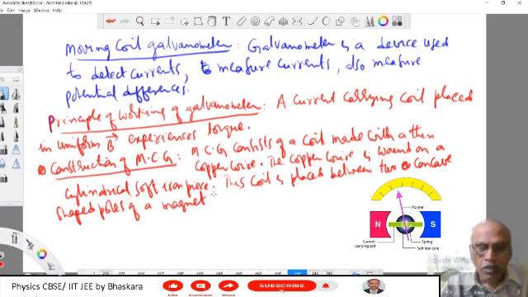The poles of this magnet are in a concave shape. Why concave shape? Because it provides a radial magnetic field.